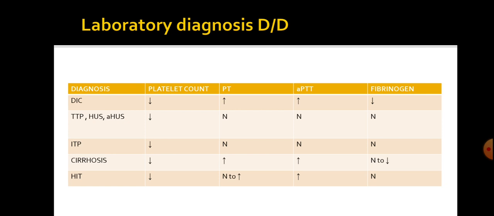In cirrhosis, platelet counts are decreased, PT-APTT are prolonged, fibrinogen levels are normal to decreased. In HIT, heparin-induced thrombocytopenia, platelet count is decreased, PT is normal to prolonged, APTT is prolonged, fibrinogen level is normal. Coming to DIC, the platelet count is decreased, PT-APTT levels are prolonged, fibrinogen level is decreased.